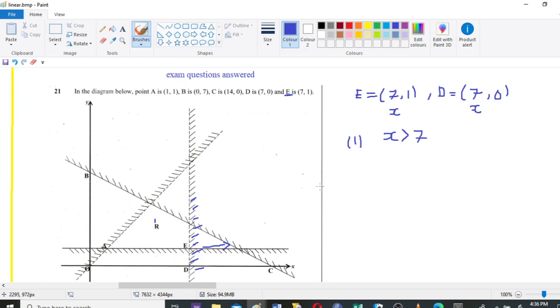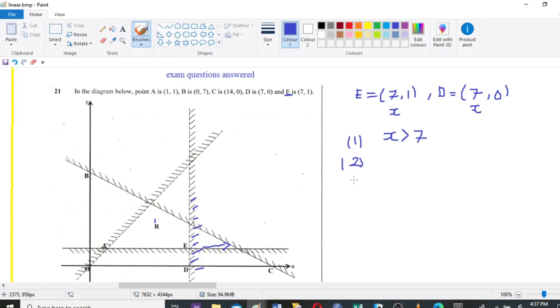The other one that you can look at, the second one, let's take OA. Even OA, if we want, we can just identify it to be OA.